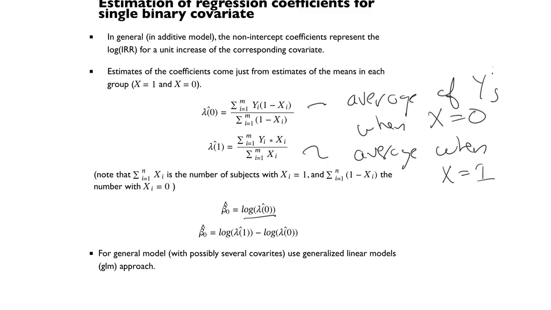And oops, this is beta 1. Sorry about that. Beta 1 hat is just going to be the difference in those two logs. Remember, the difference in logs is the log of the ratio. So I could rewrite this. I just plug these numbers in, take the log, and that would give me an estimate of beta 1.